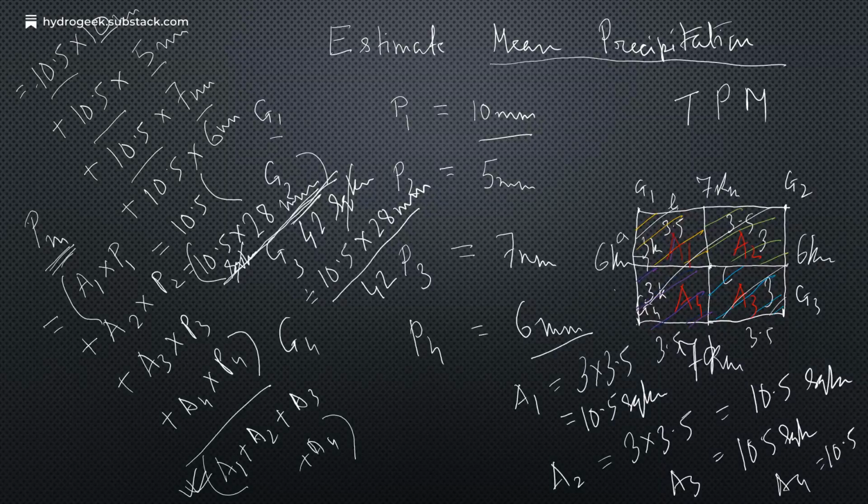Let us divide 10.5 by 42 first, as they are both unitless. 10.5 divided by 42 is 0.25. Now you multiply it to 28, and it is coming as 7 millimeter.